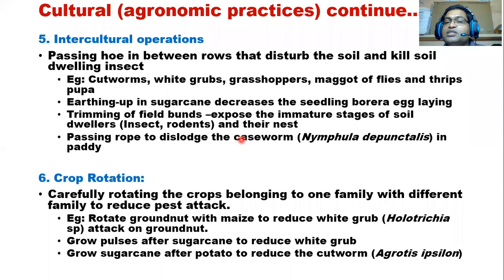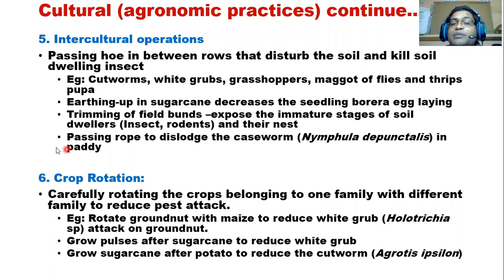If you are passing the rope, meaning long thread, coir, in between the two rows or in the field, you are dislodging them. How you can do it is, before passing the rope, you have to flood the land. Then you pass the rope, and all the caseworms will fall into the flood. Then you have to drain off. At the catchment point, you collect all these caseworms and destroy them.